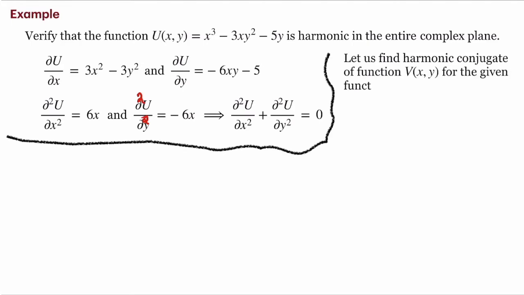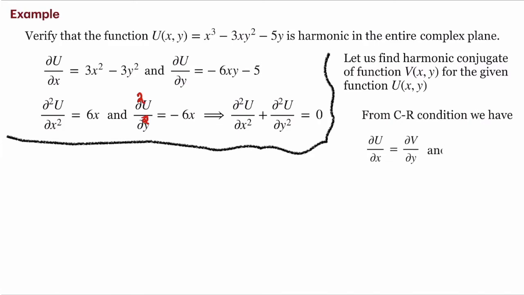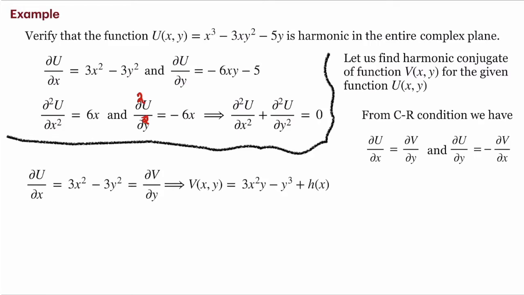Let's go ahead and find the harmonic conjugate function v of x, y for the given function u of x, y. For that, we need to satisfy the Cauchy-Riemann condition. du by dx is equal to 3x square minus 3y square. And if we want to find v such that it satisfies the Cauchy-Riemann condition, then this should be equal to dv by dy.